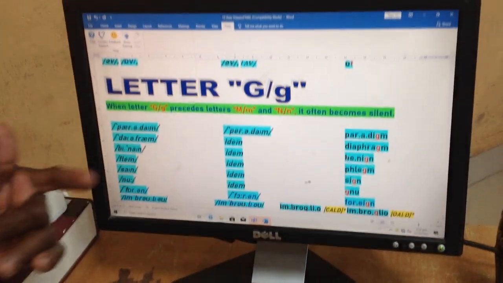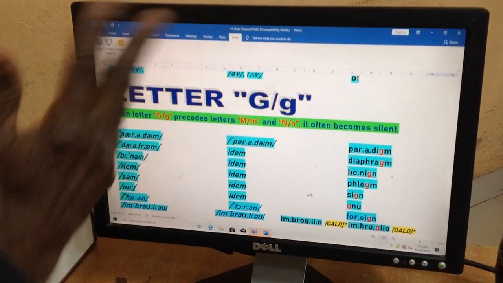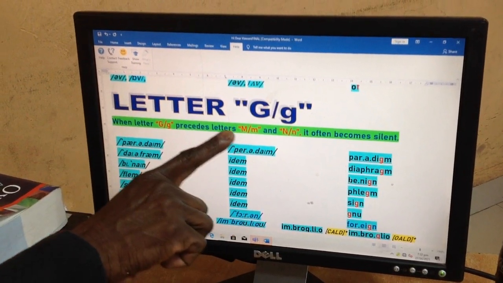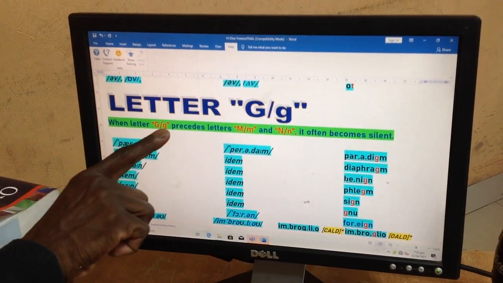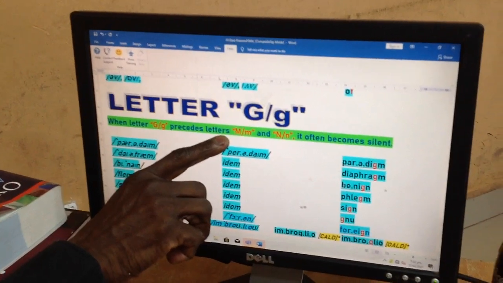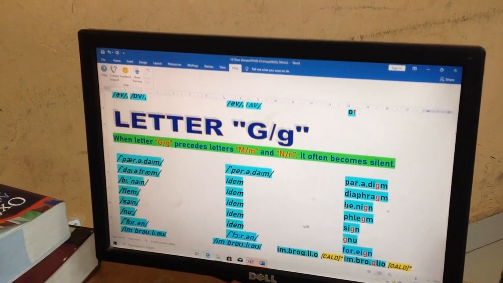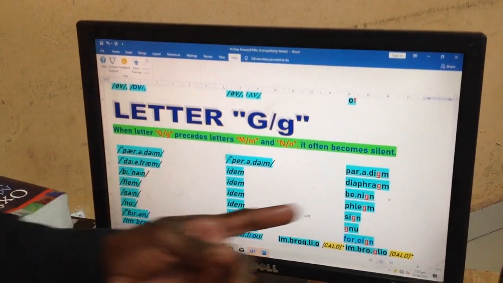We now move to letter G, silent letter G. When letter G precedes letter M and N, it often becomes silent. That's the rule. So let's go ahead.